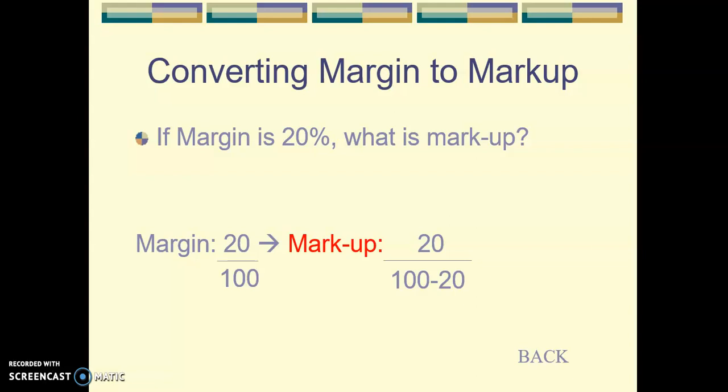Since margin is 20 over 100, because that is the percentage out of 100, then your markup will be 20 over 100 minus 20. In other words, that is 20 over 80, and then multiply by 100 will give you 25%. So therefore, if your margin is 20%, your markup would then be 25%.